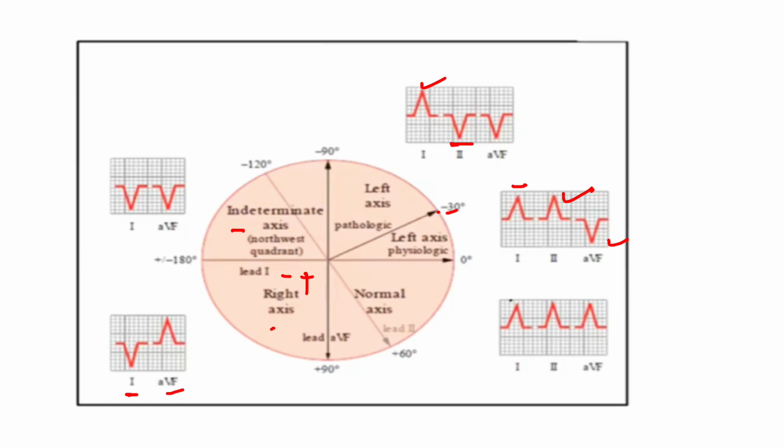Here both lead 1 and lead AVF are negative, this is indeterminate axis, or we call it northwest axis. One mnemonic is useful to see whether it is a left axis deviation or right axis deviation: left leaves, right reaches.